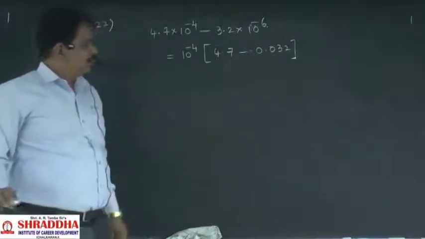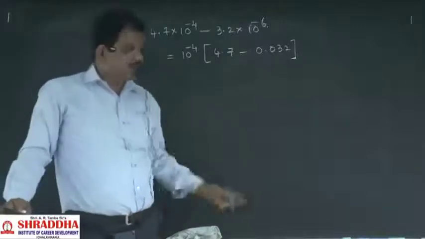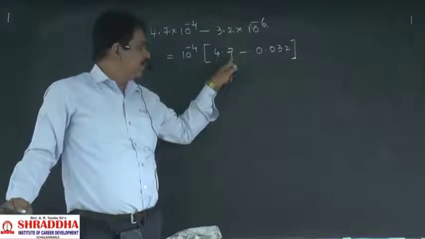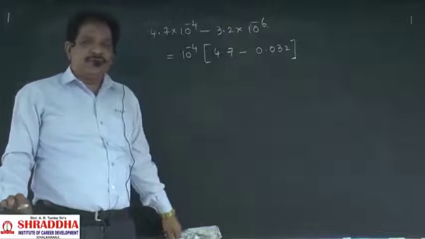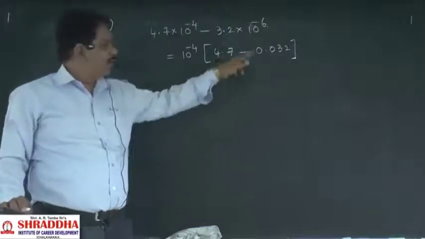So what is the procedure? In subtraction, follow the same procedure. After the decimal point, here one significant figure is there. After the decimal point, there two significant figures are there. So no need to change.